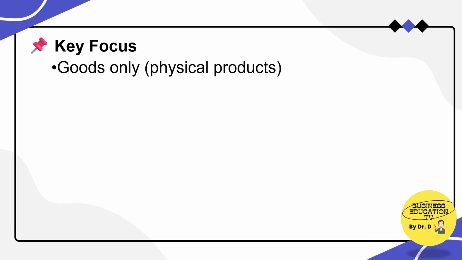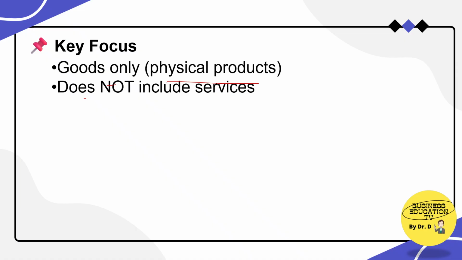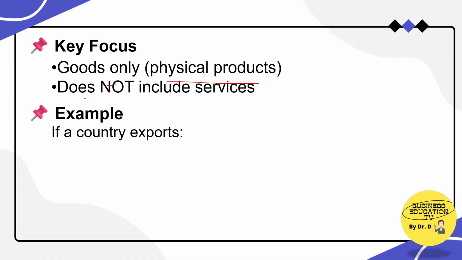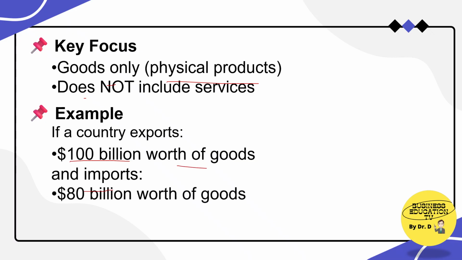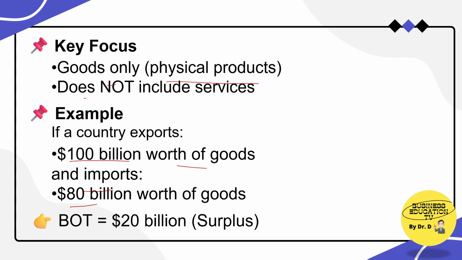It focuses on goods only, on physical products, and it does not include services. For example, if a country exports 100 billion worth of goods and imports, let's say, 80 billion worth of goods, then using the formula, that is going to be a 20 billion surplus because it is exports minus imports.